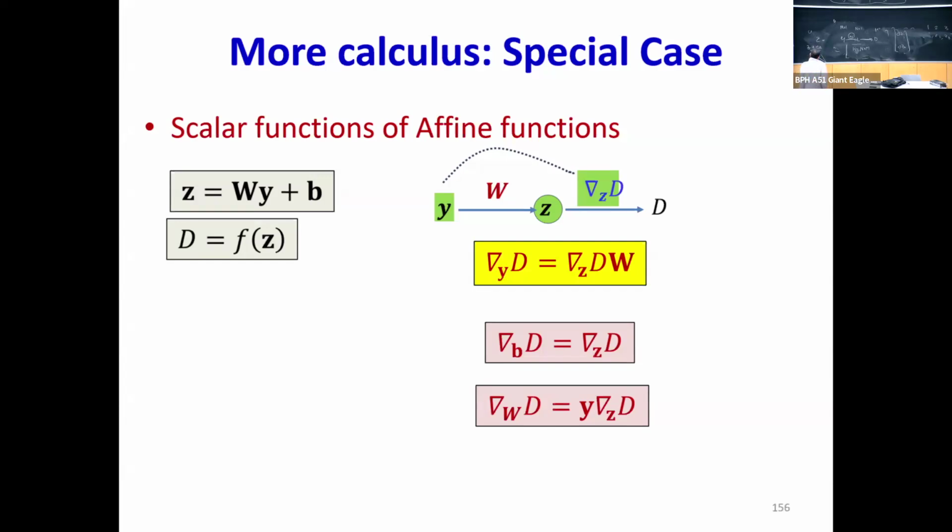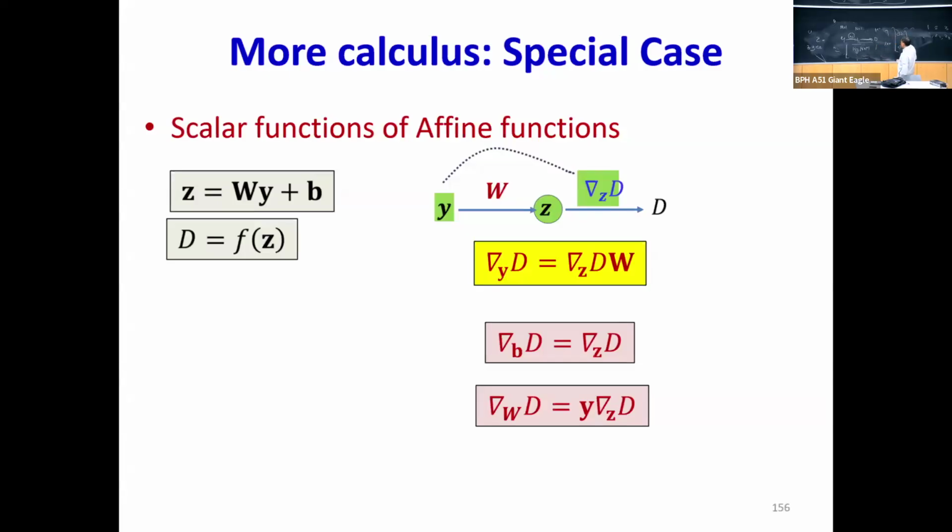So let's check the size, right? So what is the derivative of d with respect to z? What's the size? Is that a 1 cross n vector? So this is going to be 1 cross n, right? And what is the derivative of z with respect to y? That's a matrix, that's w, right? That's going to be n cross m. Is that right?